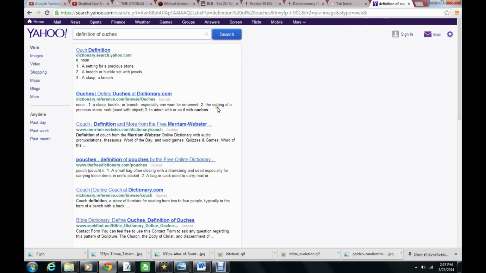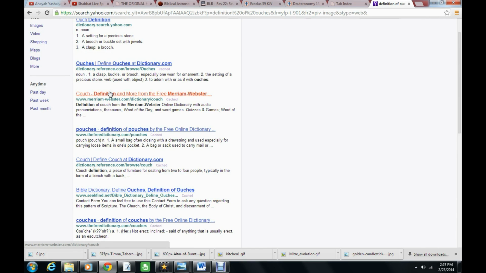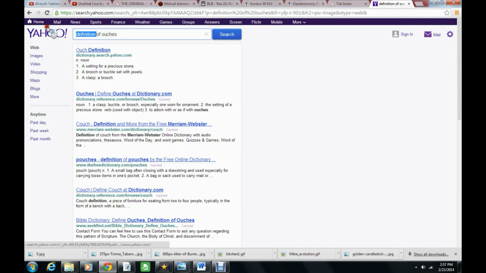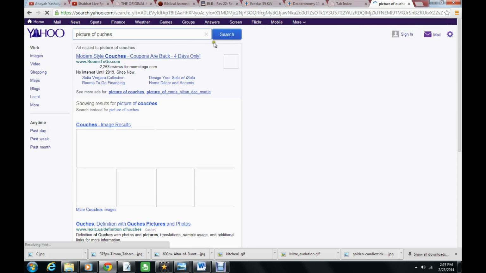The setting of a precious stone. So a setting for a precious stone, a brooch or buckle set with jewels, a clasp, a brooch. A brooch. Alright, let's find a picture of ouches or brooch.